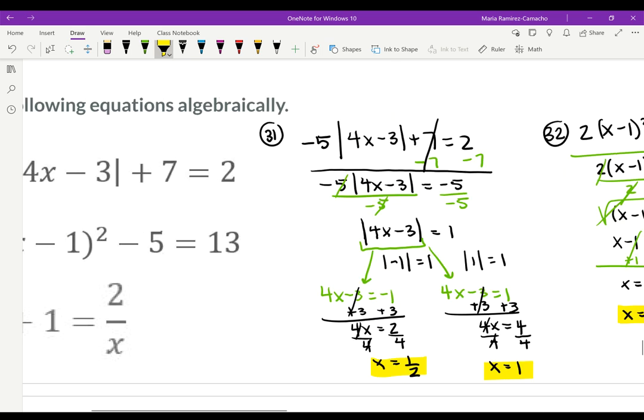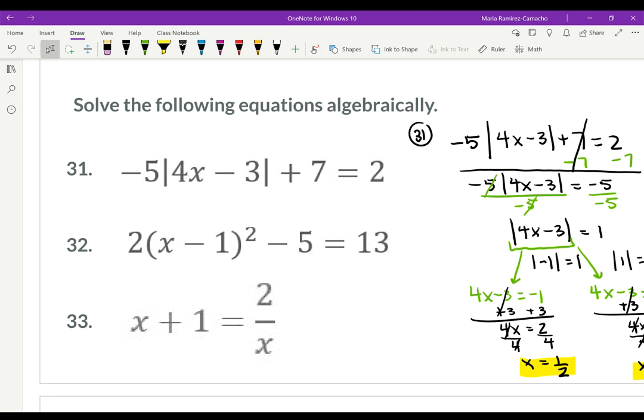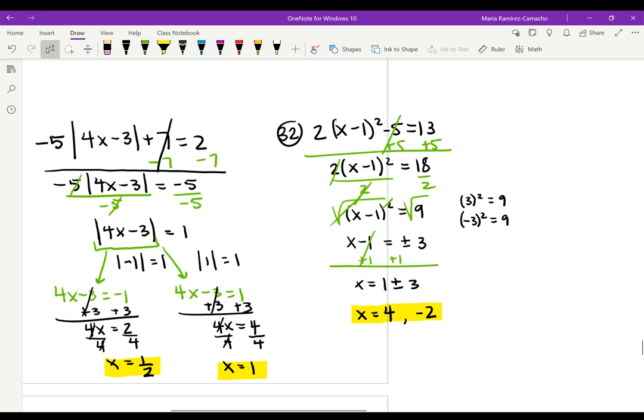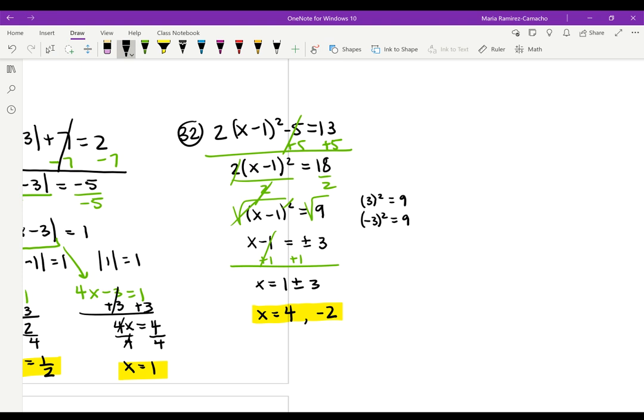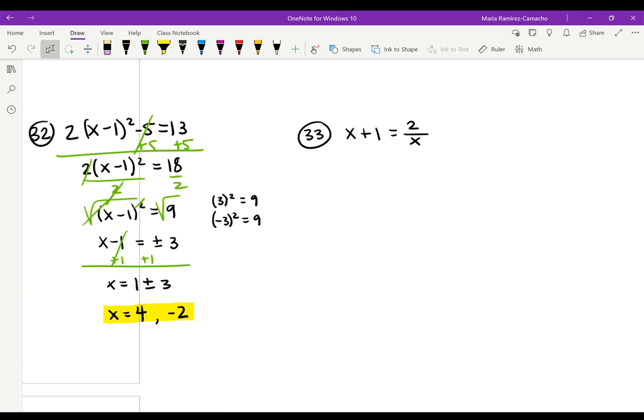And last but not least, we've got one more equation. X plus 1 equals 2 over x. Okay, we don't want fractions in our equation, so we can take the denominator in this fraction here, x, and multiply each term in the equation by x.